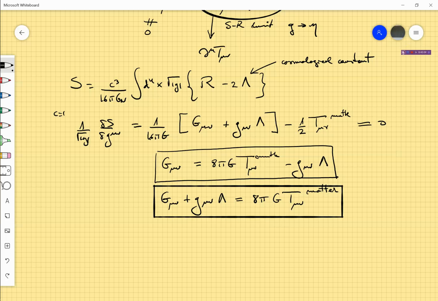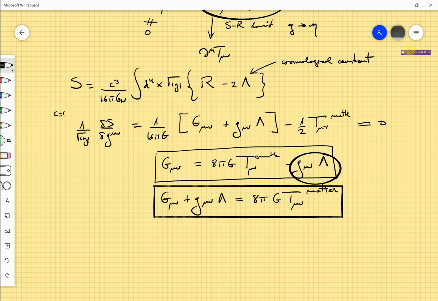In fact, as we will see, we can view lambda or this term as the energy momentum tensor of a fluid with some very peculiar properties, but we can view it like that, and we can associate this lambda to that fluid, so some kind of matter or energy which is in the universe and that we may not know.